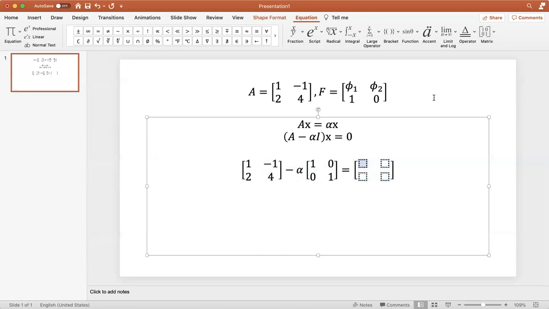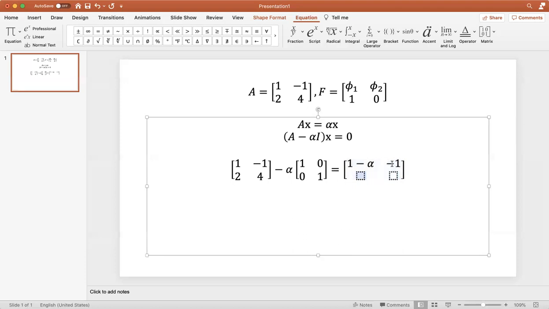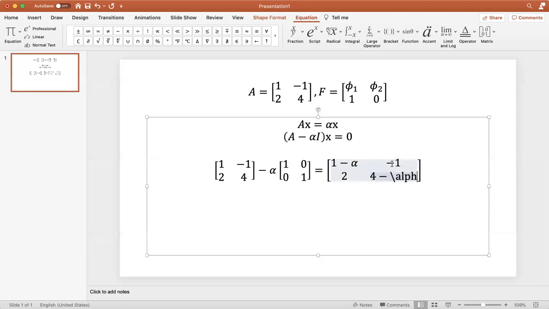This is going to be 1 minus alpha, this is 0, this is negative 1, negative 1 minus 0 is negative 1, you have 2 minus 0, so that's still 2, and you have 4 minus alpha.